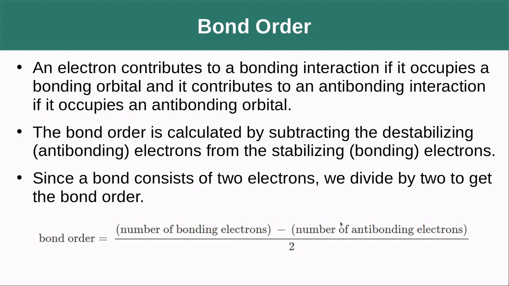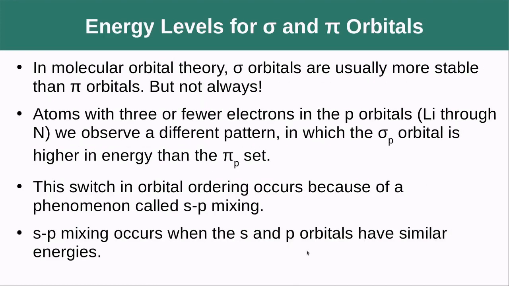So bond order is the number of bonding electrons minus the number of antibonding electrons, divided by 2. You'll see that this does allow for fractional bond orders, such as 1.5 or 2.5.